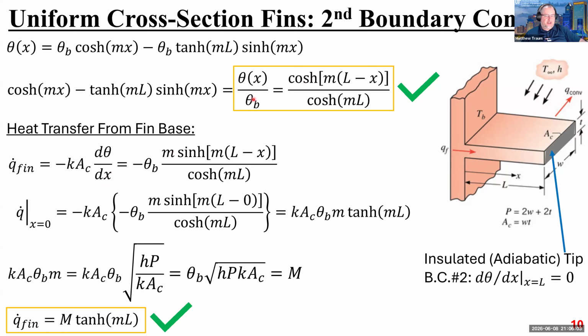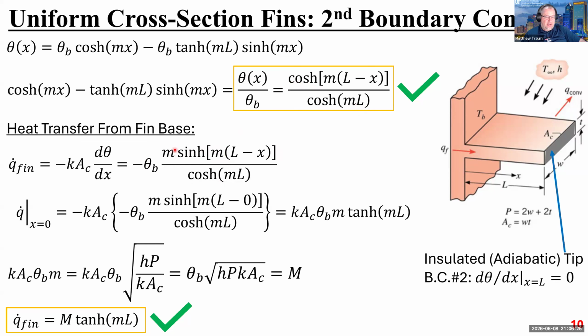So I'm going to take the first derivative of this theta equation with respect to x. That's this guy, right? So cosh ml is a constant. Derivative of hyperbolic cosine is hyperbolic sine. The m comes out. Everything inside that's a constant stays on the inside. This negative sign comes out because of the chain rule, right?